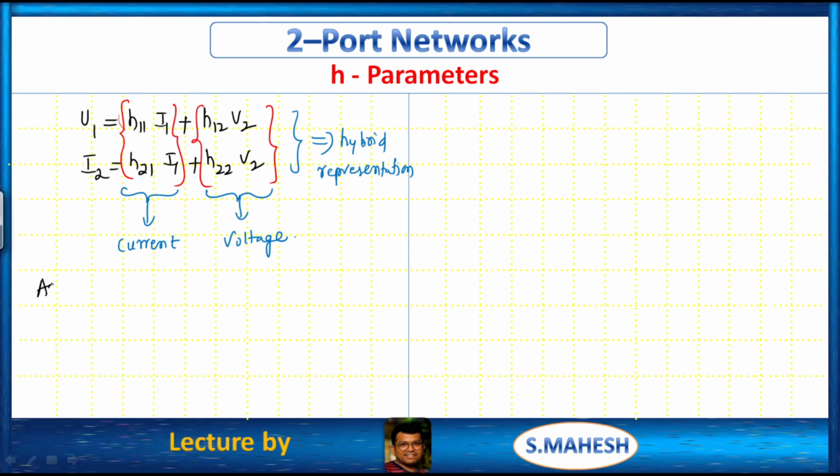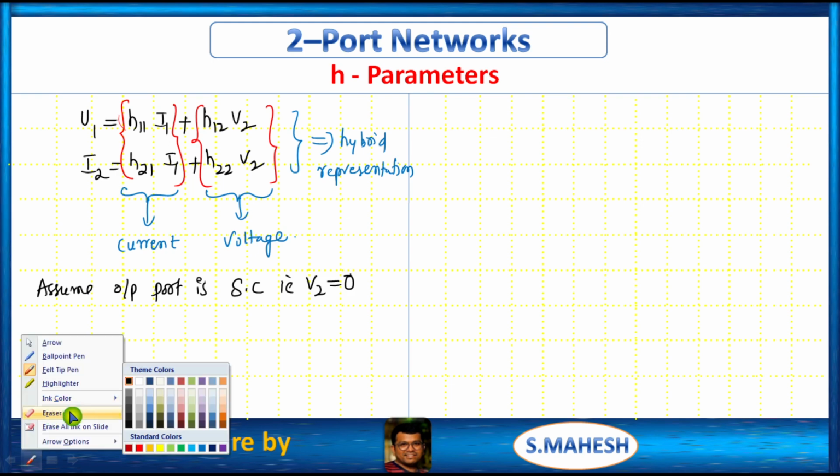Okay, what is the analysis now? Assume output port is short circuit, that is V2 equals 0.